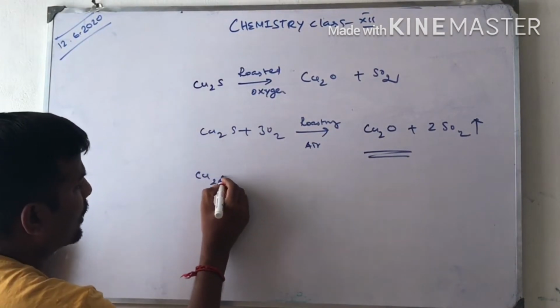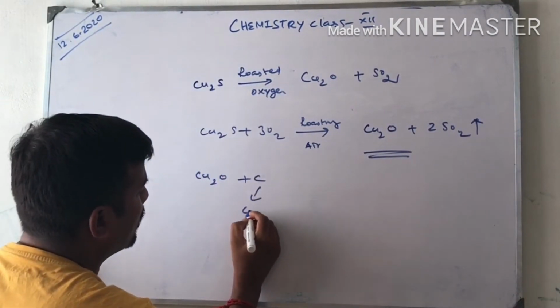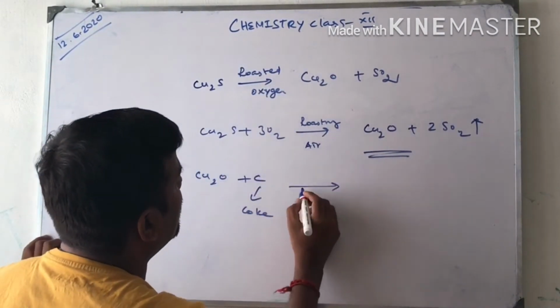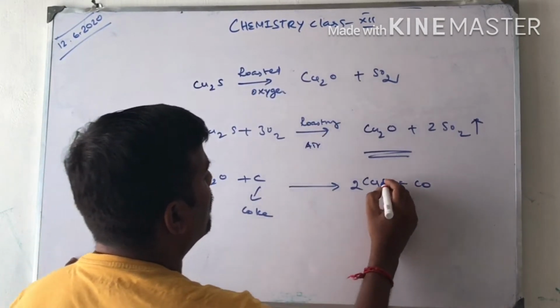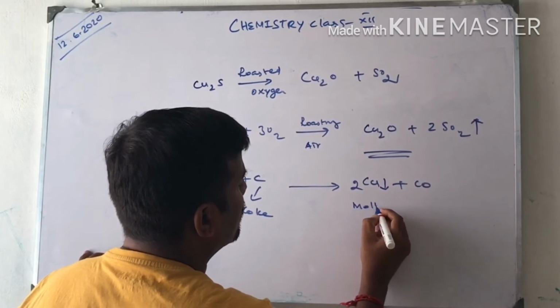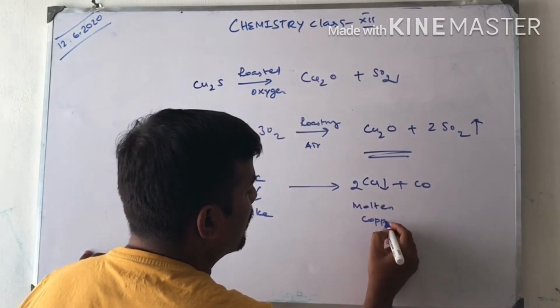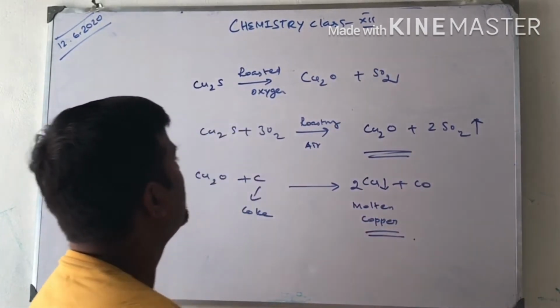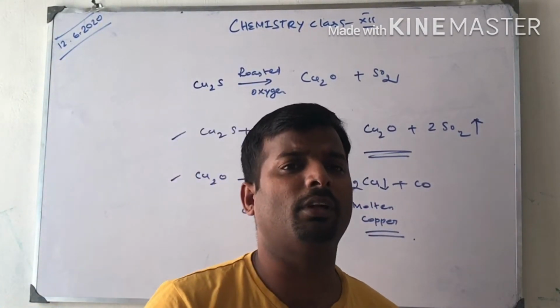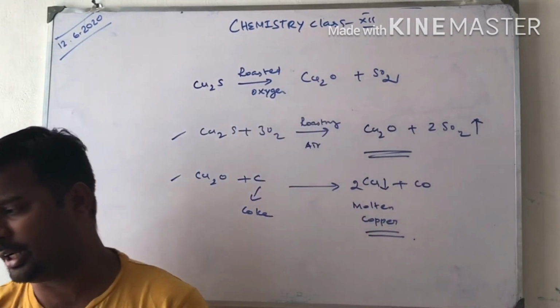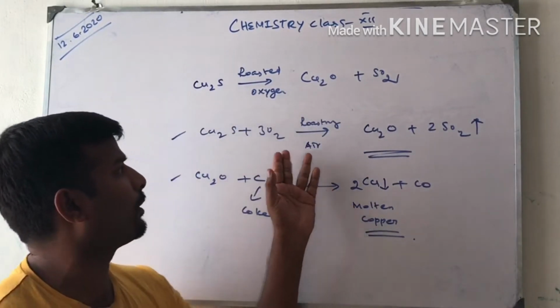After you get the copper oxide, it can be reduced by coke. Coke reduces it and gives 2Cu plus CO, which is molten copper. This type of reaction is similar to what we learned in the extraction of iron. This is the roasting process taking place.